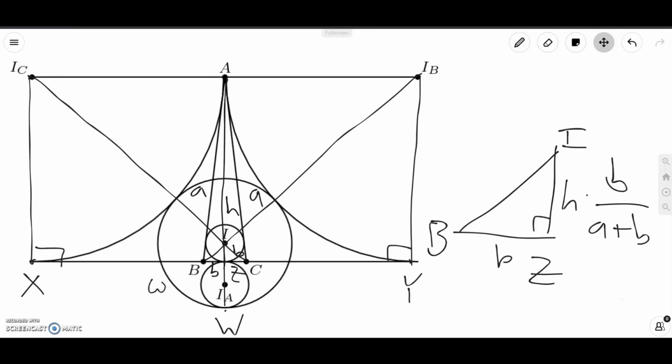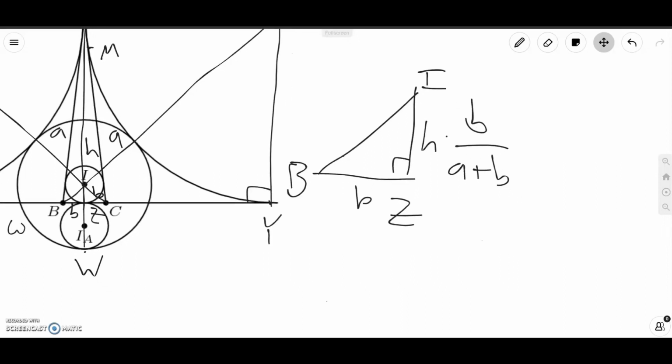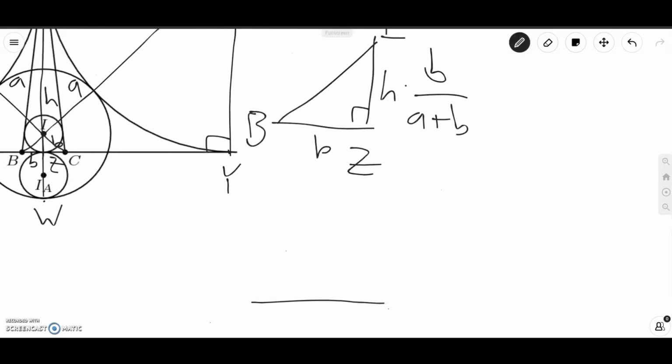It simply uses the fact that CY and this other point up here, note that it's not A, call it M, are equal, and you can essentially analyze the tangency lengths to find that theorem. So now we're going to draw triangle B-IB-Y below. So these are our similar triangles.